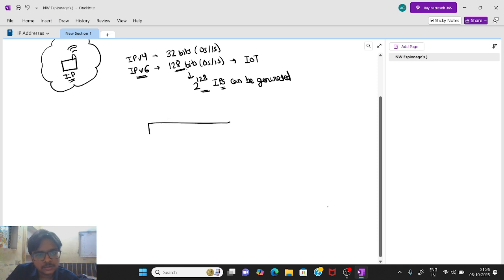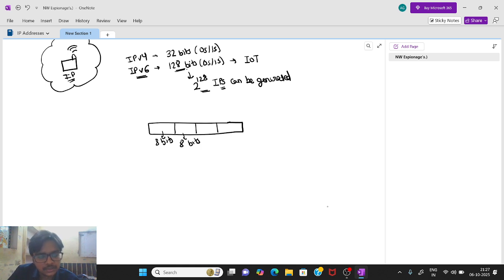As we mentioned, IPv4 is of 32 bits, so it is divided into 4 octets. Each octet has 8 bits. Now we will write it in the dot notation like this. The first 8 bits are put here, dot, then the second 8 bits, then the third octet, and then the fourth octet.